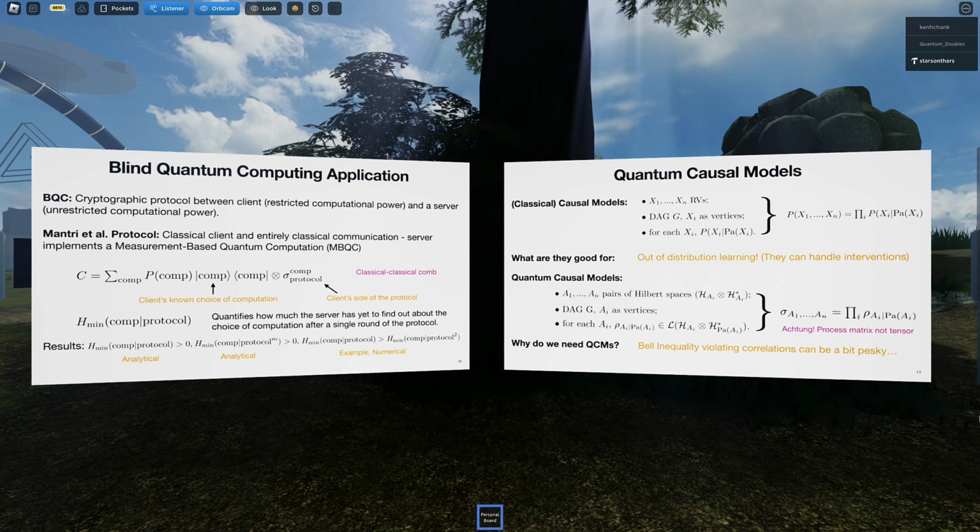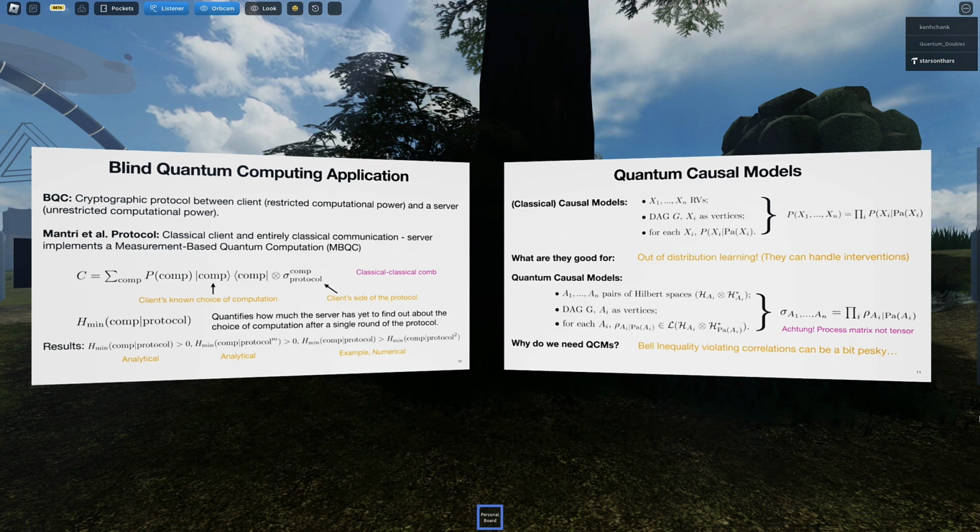I'm really interested in these things, and this is actually where this project started in some regards. Very briefly, classical causal models are a way of discussing, also used quite a lot in machine learning these days, and it's some way of encoding the data generation process rather than just the statistical correlations within a data set.